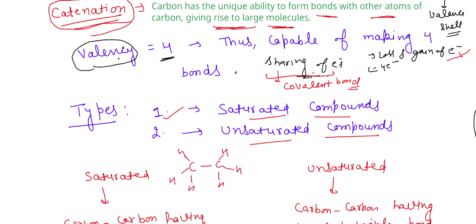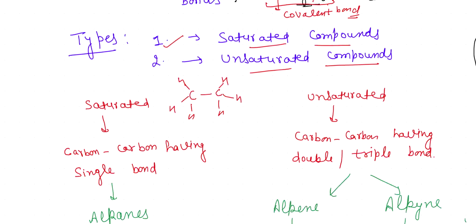If there is a single bond between carbon and carbon, then those compounds are known as saturated compounds. And for saturated compounds, another term is also used, that is alkanes.